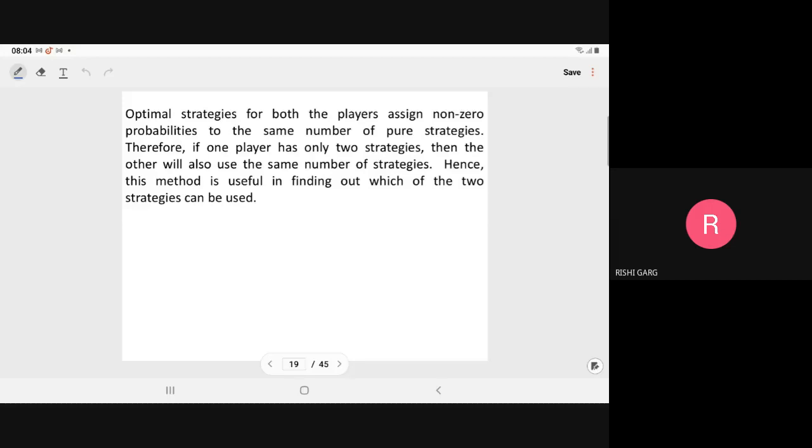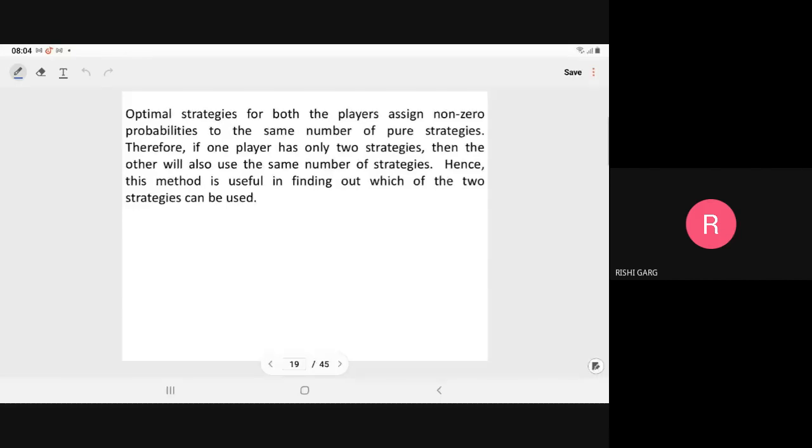So the optimal strategy for both players assigns non-zero probabilities to the same number of pure strategies. Therefore, if one player has only two strategies, then the other will also use the same number of strategies. In the optimal strategy, whatever the number of optimal strategies for a particular player, the same number will be for the other player also. If player A has two optimal strategies, then player B also has two optimal strategies.